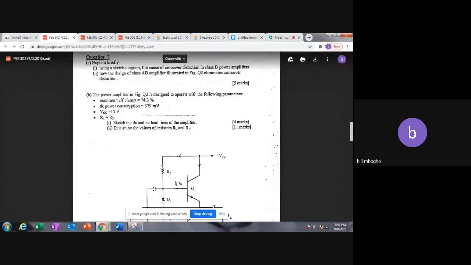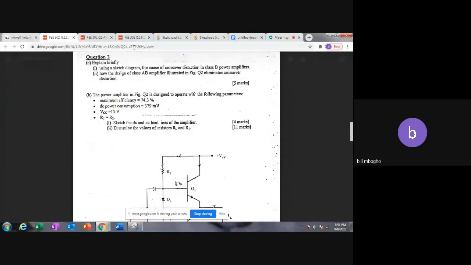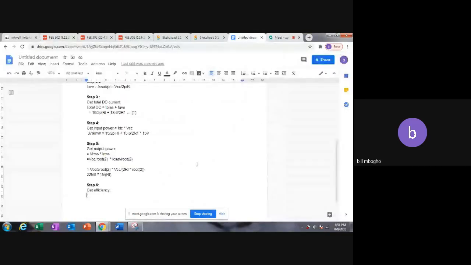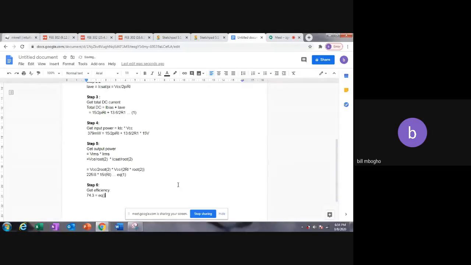And we've been given that that efficiency is 74.3. So 74.3 is equal to equation 1 over the input power, which is 379, times 100.